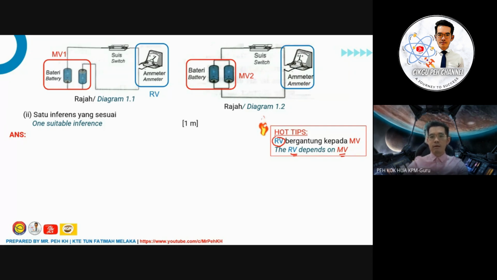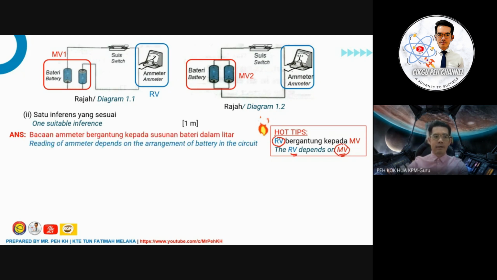So the answer is: the reading of the ammeter, our RV, depends on the arrangement of the battery in the circuit, our MV. This is not very hard. This is how we answer the question about the inference.